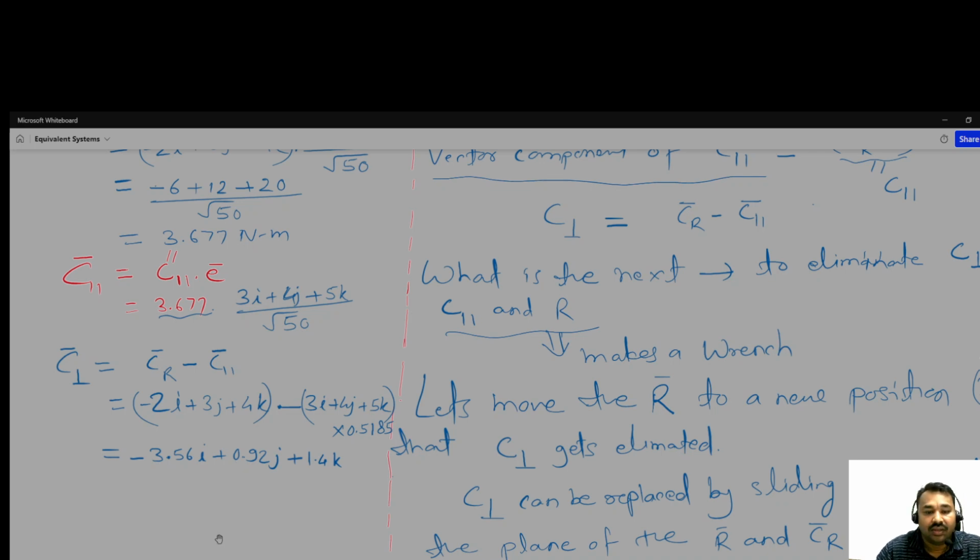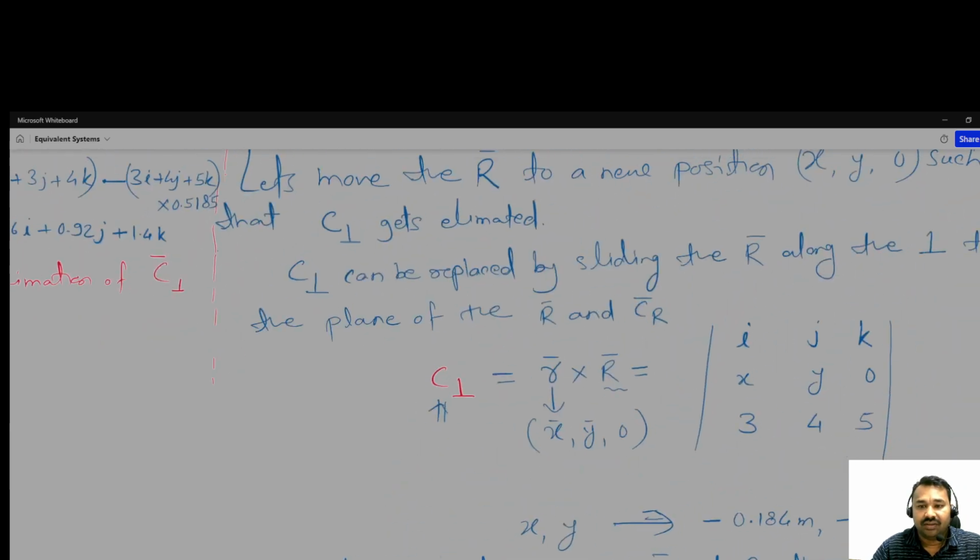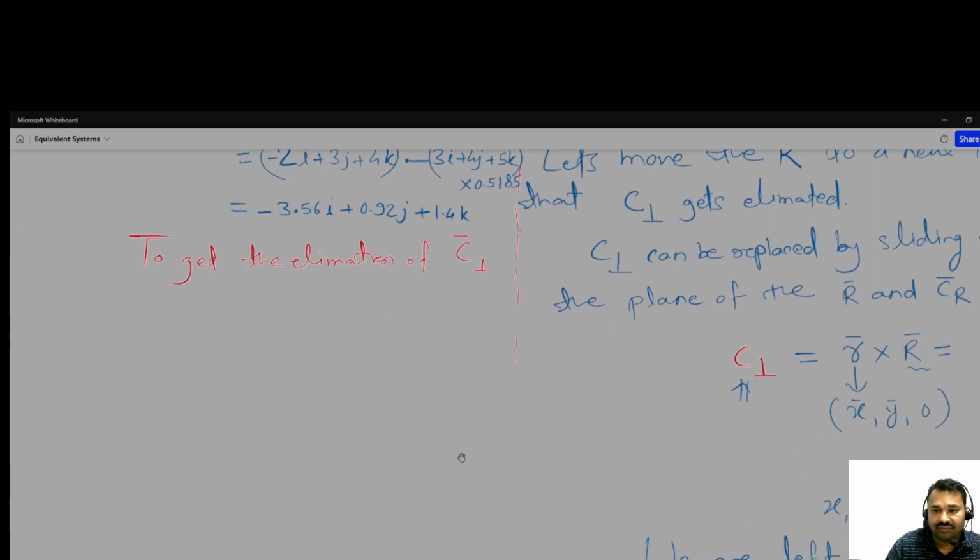So what is the next? This I have already explained. Our purpose is to get the elimination of C perpendicular. So what did we do? This matrix we can take here. This is C perpendicular in vector form, equal to what?